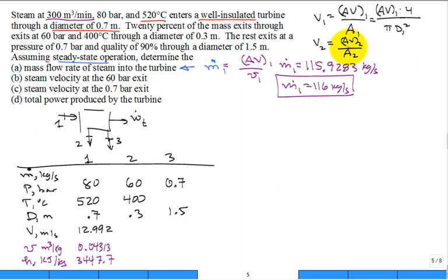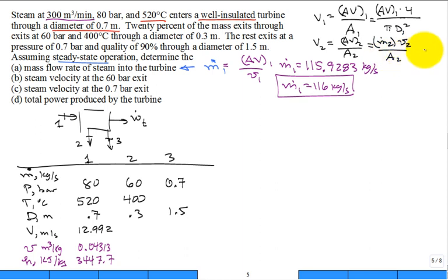But I don't really have the volumetric flow rate. I have the mass flow rate at 2. But if I multiply the mass flow rate at 2 by the specific volume at 2, does that give me the volumetric flow rate at 2? Yeah. It's a little tricky. You've got to become more and more familiar with what you have, and then that's A2.